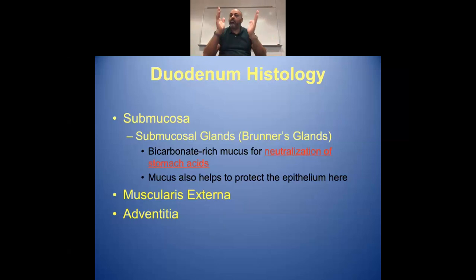They produce bicarb and mucus. Tons of it. We must have tons to offset the chyme. The duodenum is not designed to have acid touching its epithelium. Just like the stomach, the epithelium is not designed to tolerate acid, so we have mucus. But here in the duodenum, we have even more production of mucus to protect it. So that's Brunner's glands.